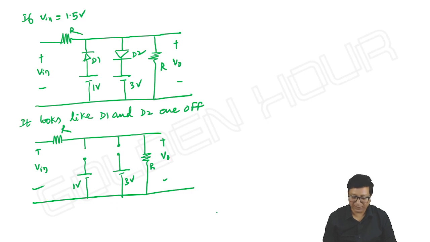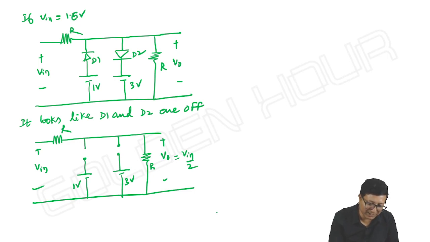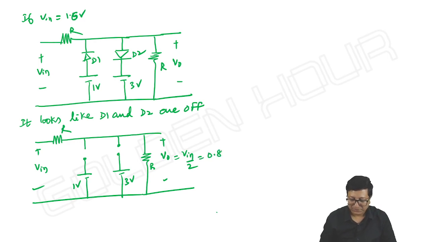Tell me. Output is equal to input by 2. And what is your input? 1.5 or 1.6 I am taking, just to make my calculation simple, nothing else. Then it becomes 0.8 volt.